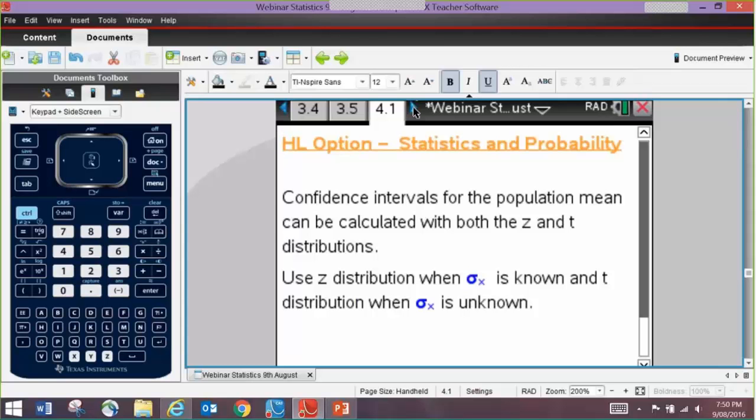One works with the Z distribution, one with the T. The Z being the standard normal and the T distribution being the student distribution, as it's sometimes known. We use the Z distribution when the population standard deviation is known, and we use the T distribution when it is not, when we have to estimate it with our unbiased estimator, as I mentioned before.